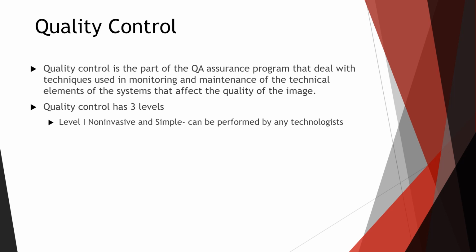So that would be like recalibrating the cassette, okay? It might be doing what we would call QA on a system, where through the system process you take a certain number of images in a certain way with the detector, and it can recalibrate itself in modern DR systems. So this can be done by any technologist.